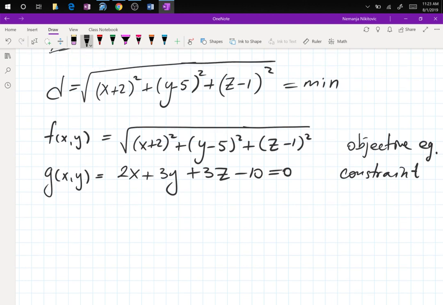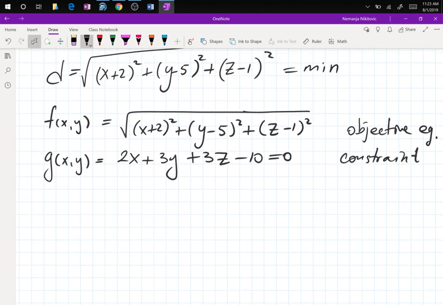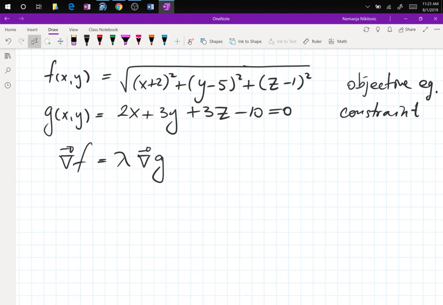And now it's time to do the Lagrange. Del f equals lambda del g. And all we need to do here is partial derivatives. Well, yeah, it's going to be a living nightmare, partial derivatives for f, but still possible. When you're taking the derivative of a square root, it's always 1 over 2 times the square root.